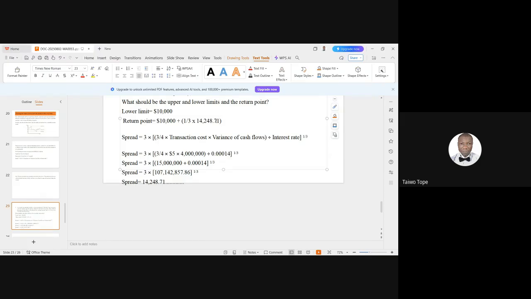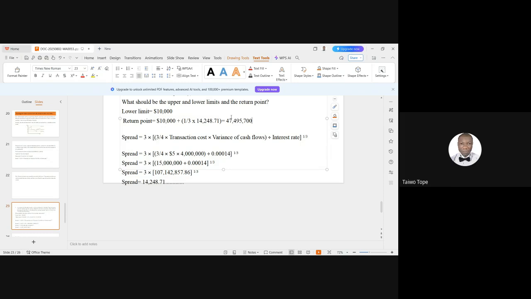And this will give you the value of return points to be what? 47 million. 497,000. 495,700, sorry.